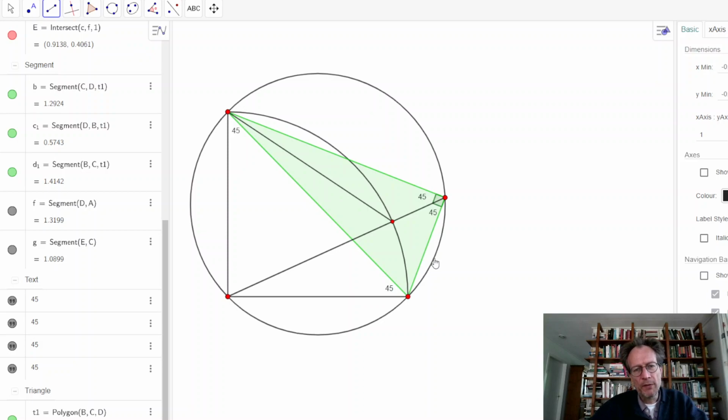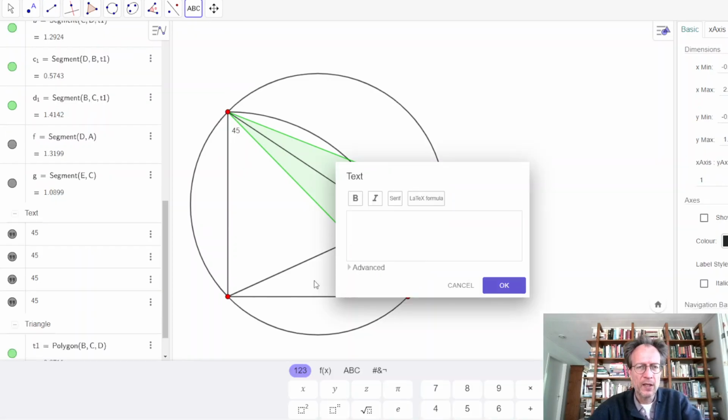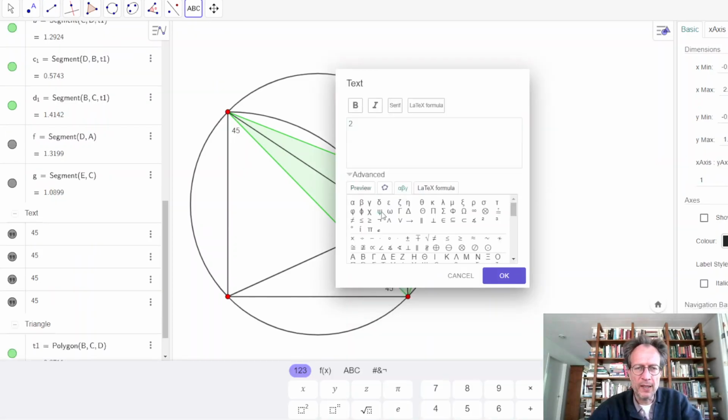Let's see. Well, first we're gonna use the fact that again from the large circle, let's call the angle over here 2 alpha, and it will become apparent why I use 2 over here.